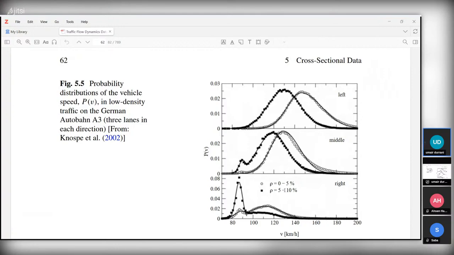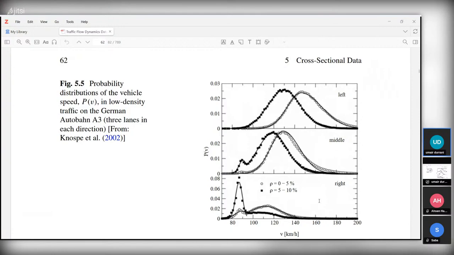We also see in the middle lane, at least for this distribution, there are two modes. There's a mode here and a mode here. And in the right lane, we see two modes, or bimodal distributions, for both of these distributions. So one mode is here, another mode is here for 0 to 5%. And for 5 to 10%, we have one mode here and another mode here.